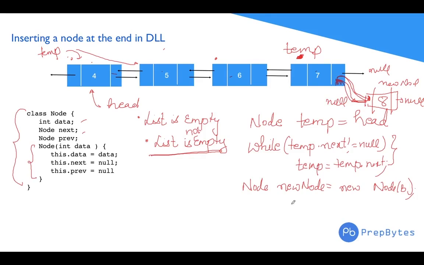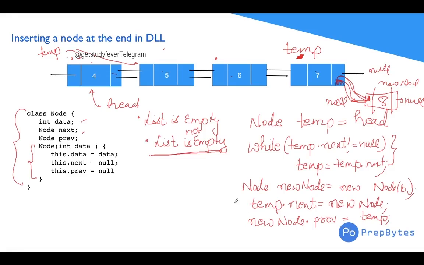So let's write it down. temp.next = newNode, and newNode.prev = temp. So using this operation, our new node will be inserted at the end of the list.